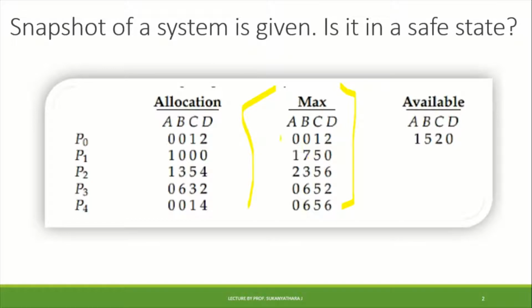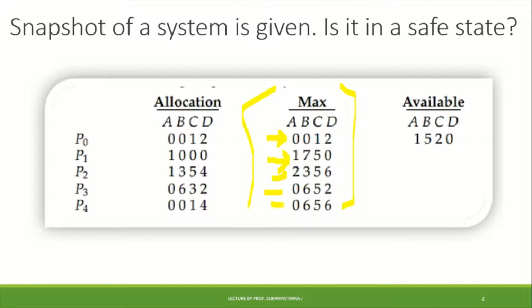So this matrix tells you for P0, the maximum resource requirement is 0 instances of resource type A, 0 instances of resource type B, 1 instance, which means a copy of resource type C, 2 instances of resource type D. Now for P1, it requires a maximum of 1 instance of resource type A, 7 instances of resource type B, 5 instances of C and 0 instances of resource type D. Like that for P2, P3 and P4.